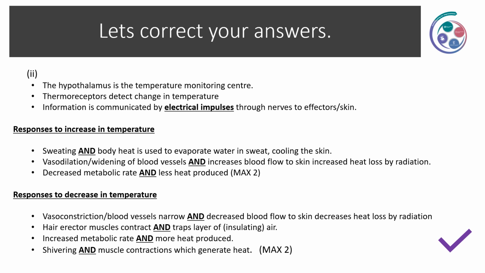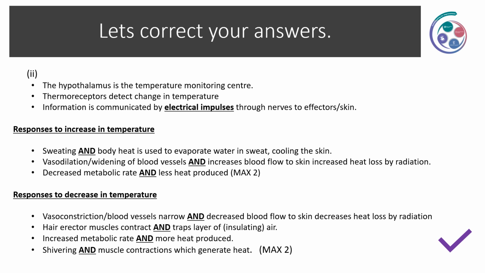sentence. In terms of the responses to increase in temperature and decrease in temperature, you will see that each of them says max 2. So you can only be awarded maximum 2 from increase responses and maximum 2 for decrease responses. So responses to increase in temperature, you could have sweating, vasodilation, or decreased metabolic rate.